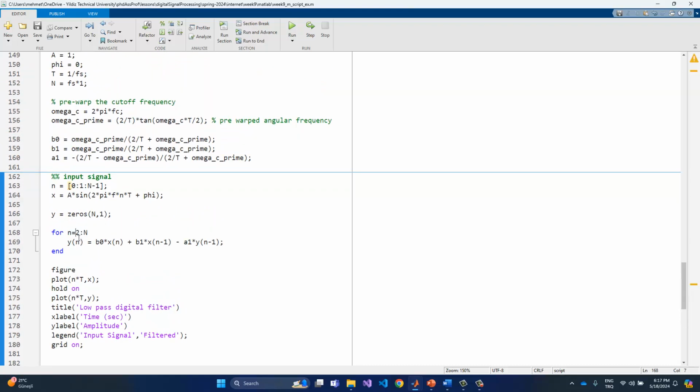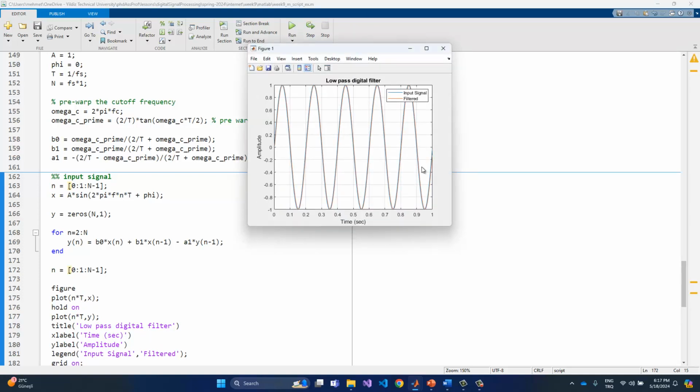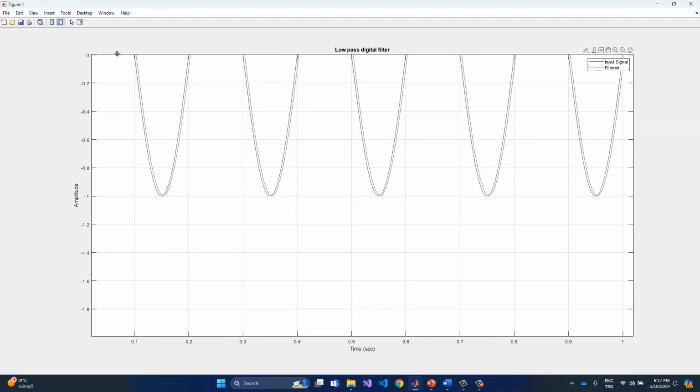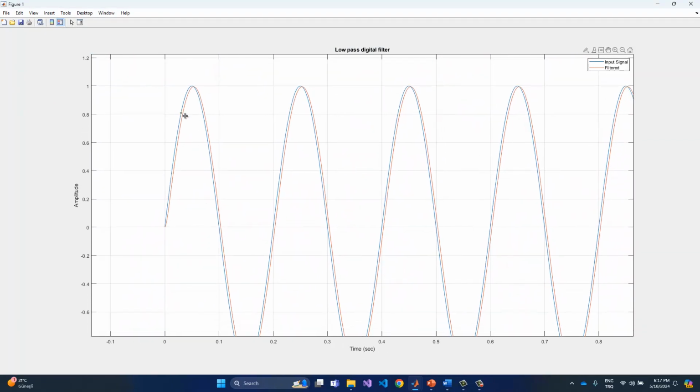With the numerical index in here. See? And so this n should also be copied in here. And so see, we have the same magnitude values, but with some phase difference in here. The filter is not ideal, but we can collect the whole form of the sinus signal in here.